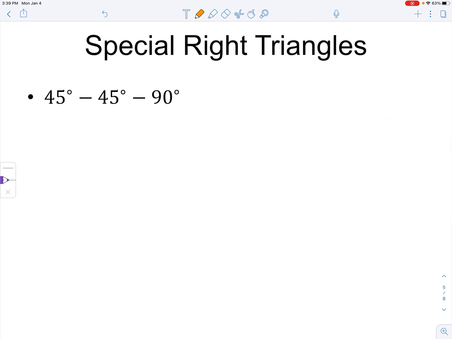Okay, so then let's look at the 45-45-90 degree triangles. And we know for that triangle, we would have our right angle.